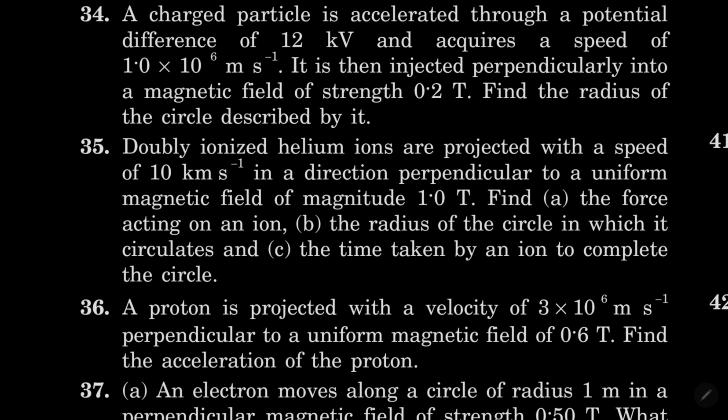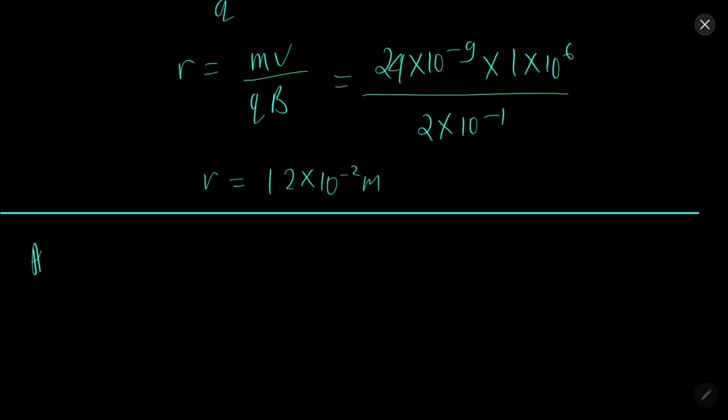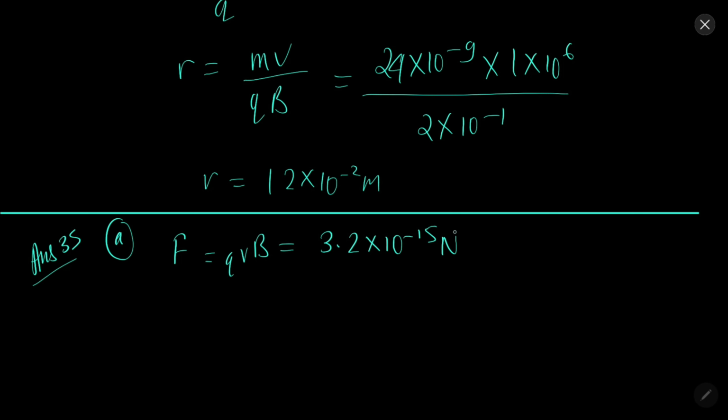In question 35, we need to find the force acting on the ion, the radius of the circle and the time taken. Solution 35, part A. Force will be qvB. Putting in all the values, we will obtain 3.2 into 10 to the power minus 15 Newton.